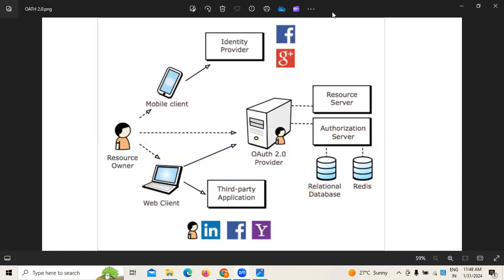The client application is the one which majorly requests protected resources on behalf of the resource owner. So these are the different roles which we normally see in the OAuth framework. When we are trying to implement it, these are the 4 things we have to know. Understood? Clear? Aishwarya, are you clear?